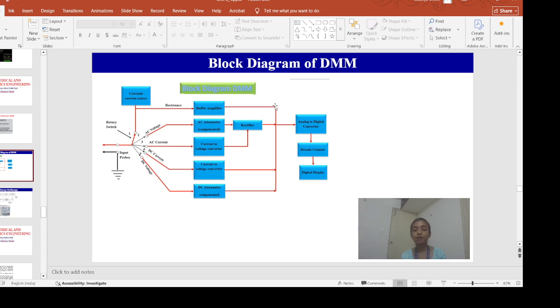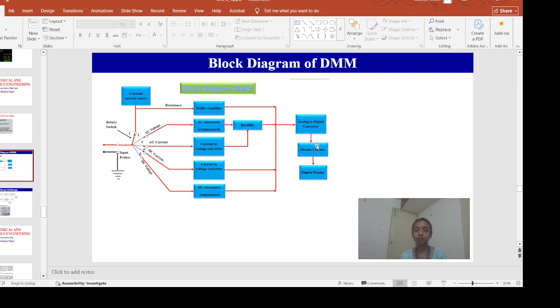Now this signal will be given to the analog to digital converter. This ADC will convert that 5 volt voltage into digital pulses. Then the decade counter can count the pulses, up to a maximum of 10. So if my voltage is 5 volt, it will count 1, 2, 3, 4, 5, till 5.